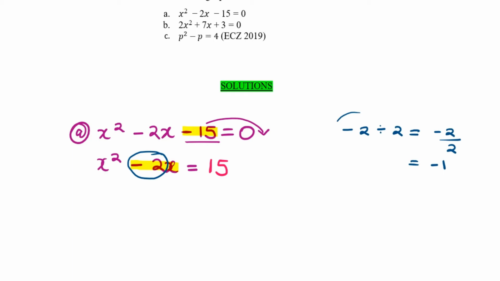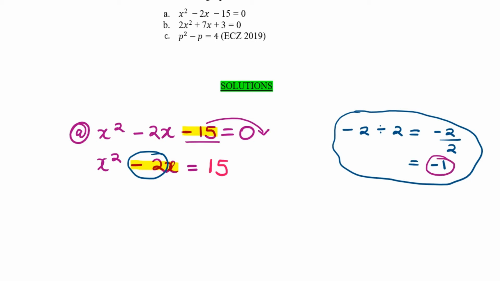So this is what we are going to get, and we write it as a square. We add this value, negative 1, as a square.